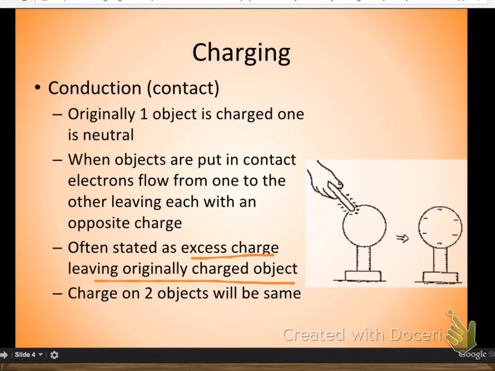If you charge something by conduction, it has the same charge as the other thing. So if you have a negative charge and you touch the doorknob, the doorknob will now have a negative charge because you've just transferred electrons to it.